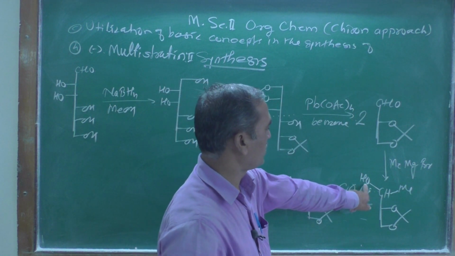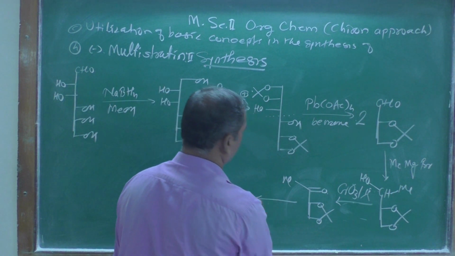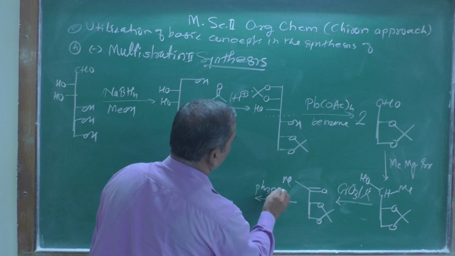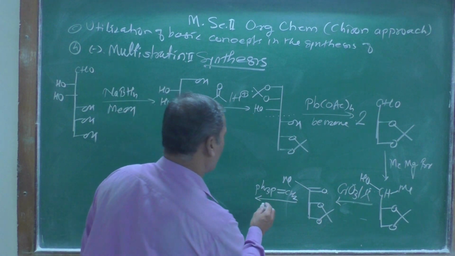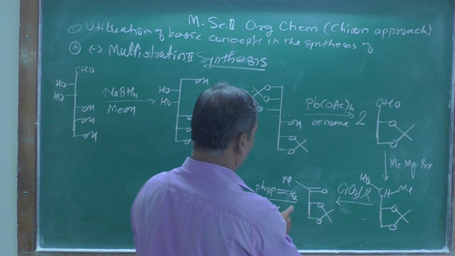So what we did was oxidize, and now I am using Ph3P double bond CH2. What is it? It is a Wittig reagent, and we know what a Wittig reagent will do.